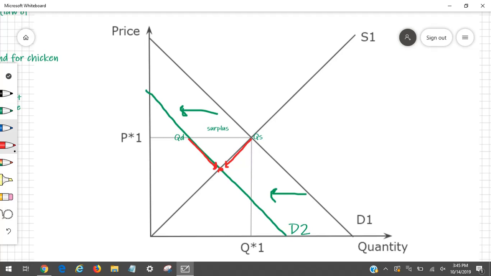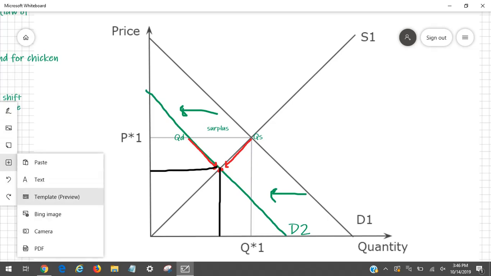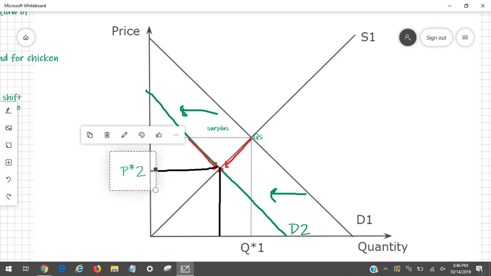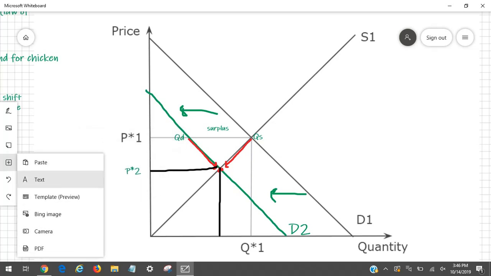All right, so I'll use black for this. I'm going to draw a little line here, a little line here, and I'm going to label my new equilibrium price right there, and my new equilibrium quantity.